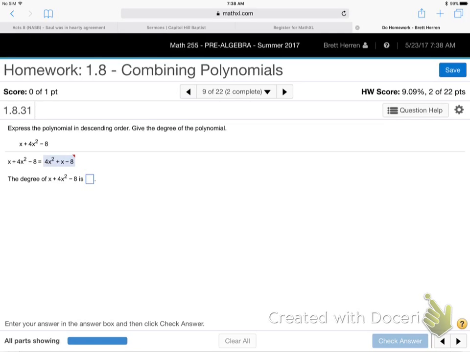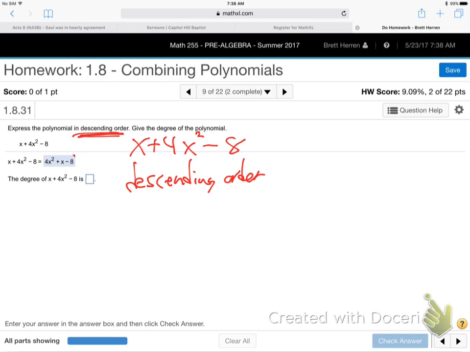Okay, yeah, so first off, you're right on the money. Their first question is, express it in descending order. Descending means from highest to lowest. Like, say, a staircase descends, right? You go down, so highest to lowest. So they want me to take the x plus 4x squared minus 8, and descending order means highest degree to lowest degree.